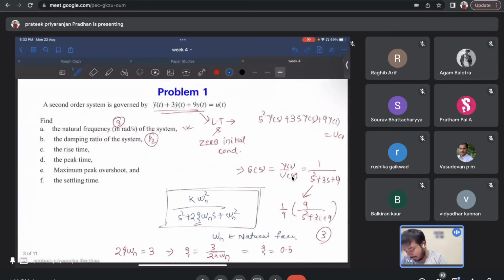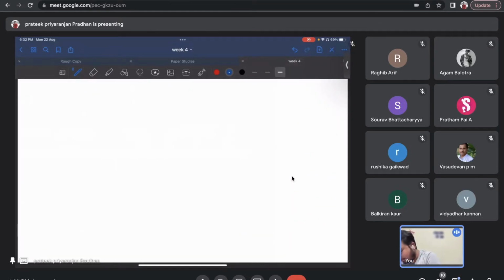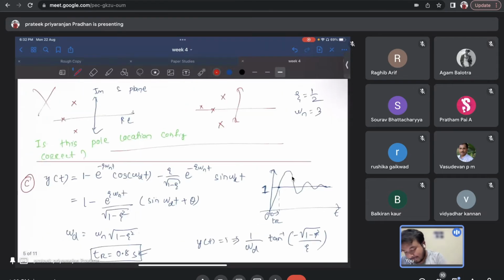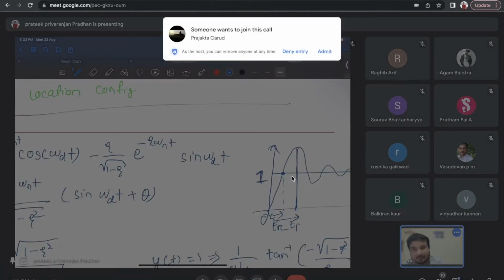Then what is the next question? The next question was the peak time, peak overshoot, and settling time. So question D is the peak time. The peak time is the time at which the system response goes to the peak value, that is called the peak time TP.